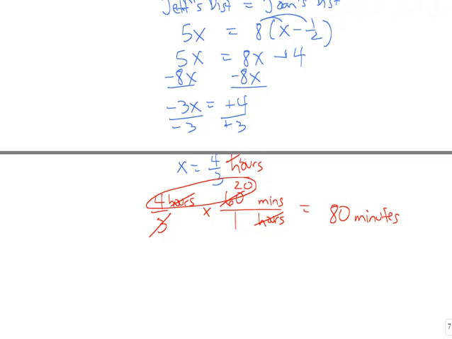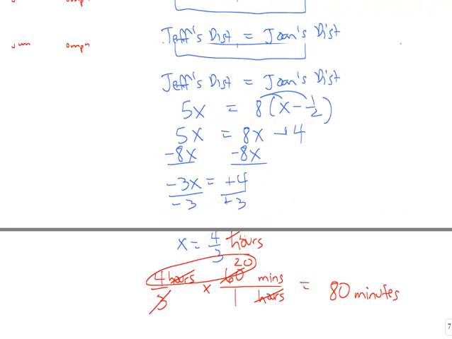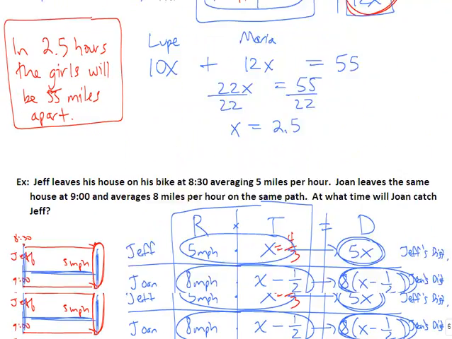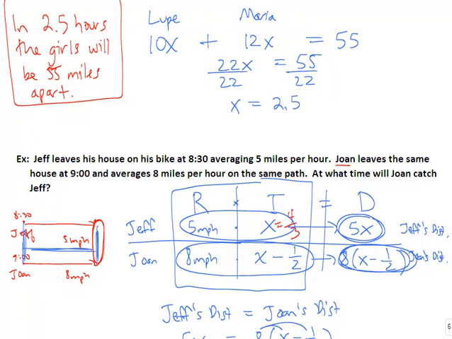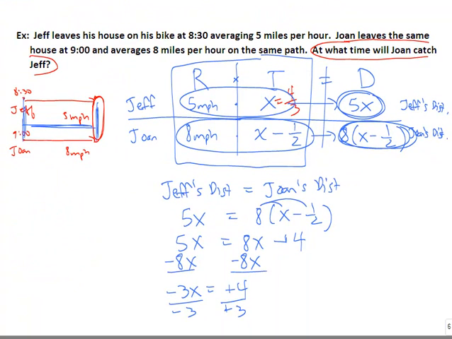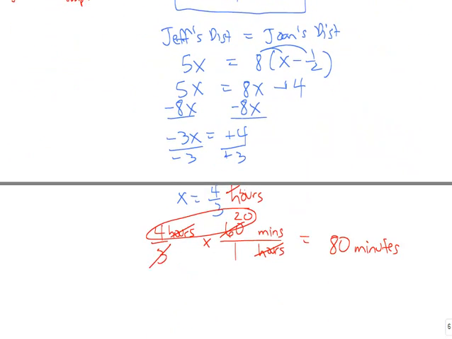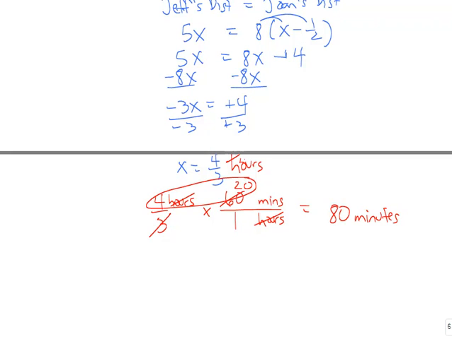Okay? So let's go back to the top and see if we've answered our question. The question was, at what time will Joan catch Jeff? So if you think about how that's worded, you could say, well, we know in 80 minutes Joan is going to catch Jeff. But is that the actual time, the clock time, when Joan catches Jeff? Not really. So what we need to do is convert 80 minutes into the actual clock time.